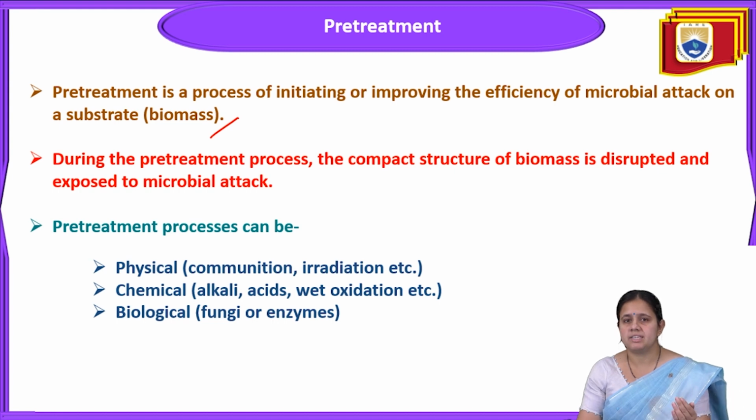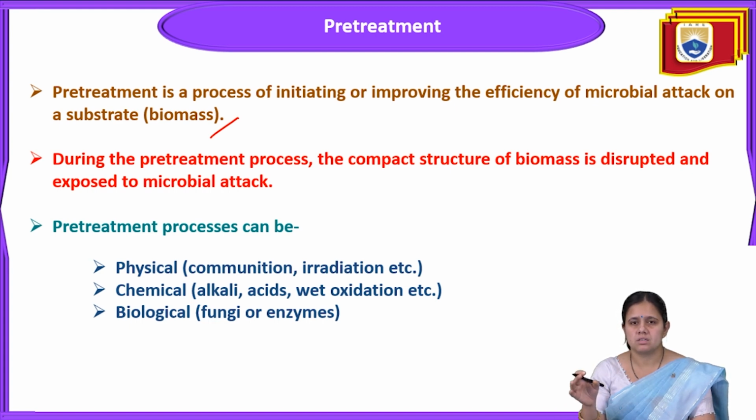The process starts with some treatment so that the microbial attack will be greater on the substrate or the biomass. During pre-treatment, the compact structure of the biomass is disrupted and exposed to microbial attack.